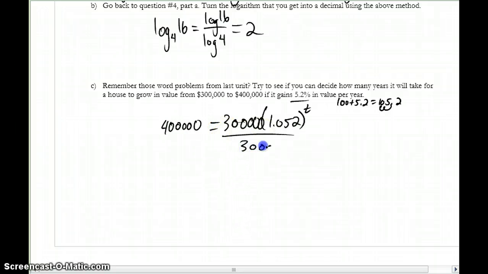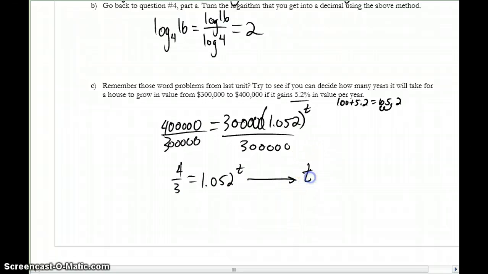If we divide by the number in front, we get 4/3 is equal to 1.052 to the t. I can rewrite this as a logarithm, where it's equal to the exponent, and the logarithm has the same base, and we input the results of the exponential problem.